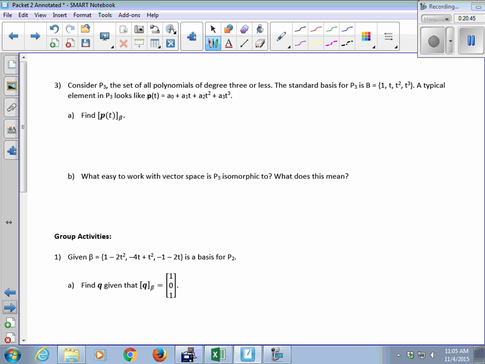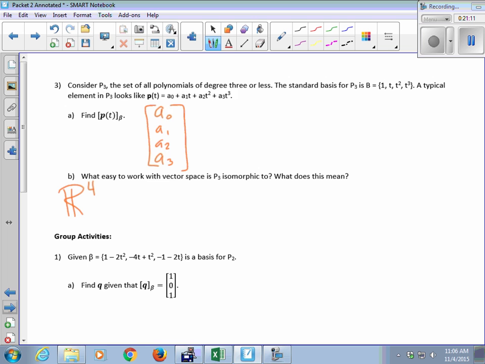My coordinate vector is just the vector of my weights. What space does that vector live in? R4.